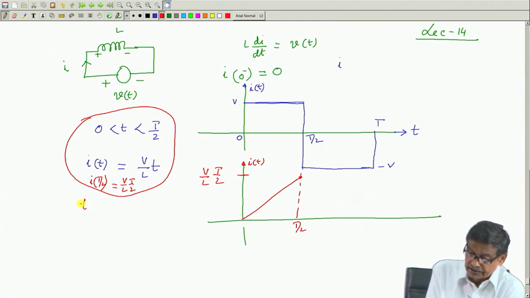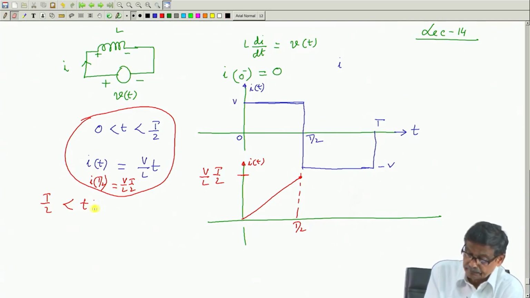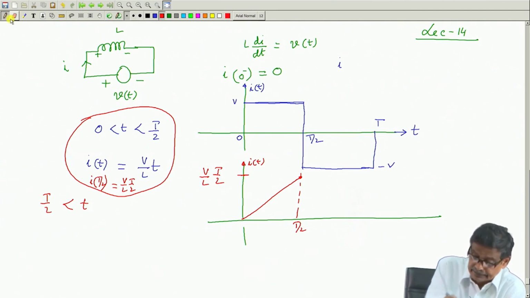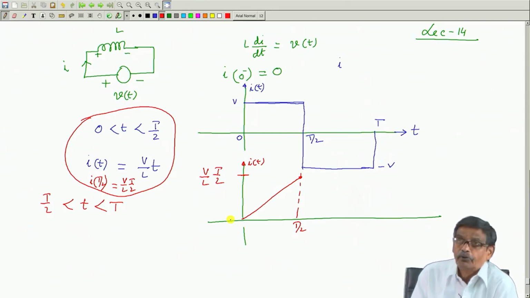Now, for t greater than T by 2 and less than T, you have applied a negative voltage.